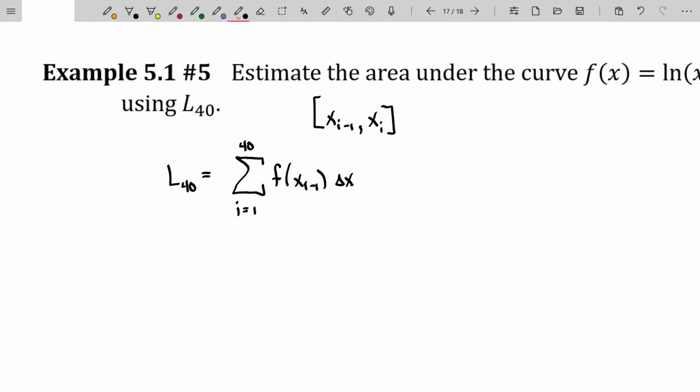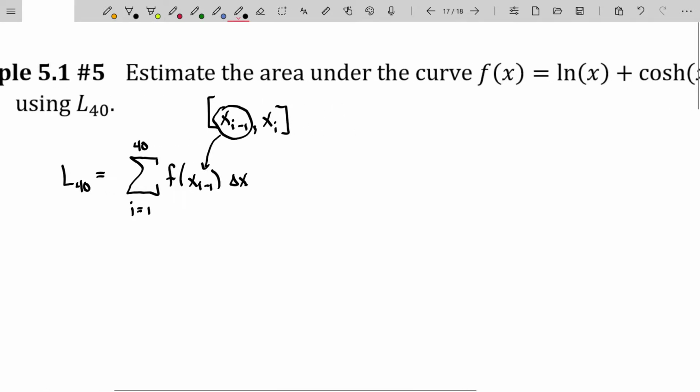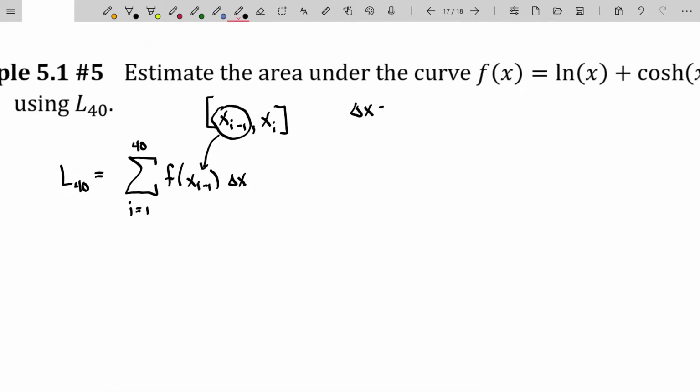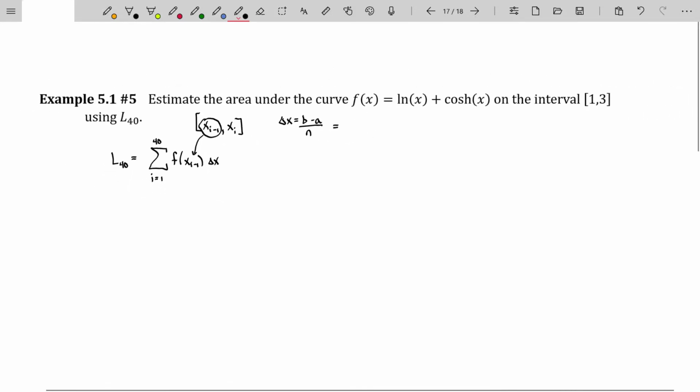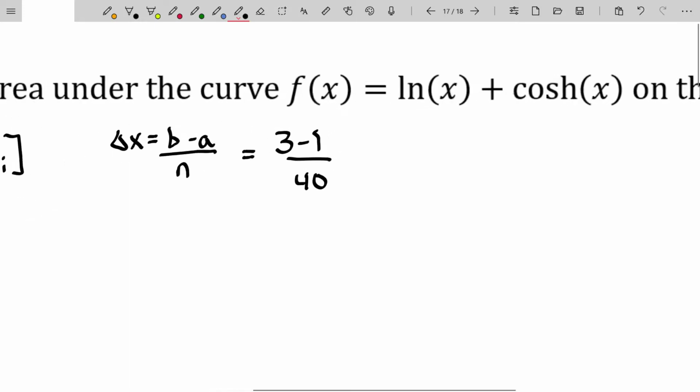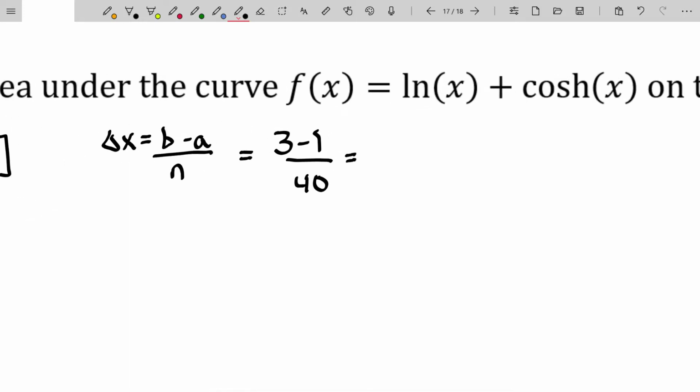You're using that left edge. And we also know that delta x is going to be b minus a over n. So in this case, our interval goes from 1 to 3, so it's 3 minus 1 over 40, because it's 40 slices. So that's going to be 2 over 40, or in other words, 1/20th.